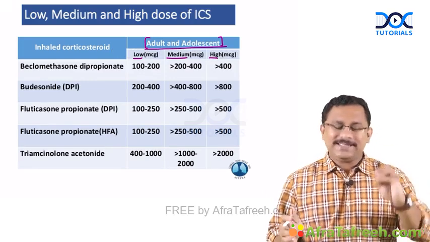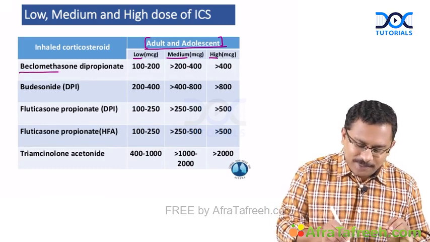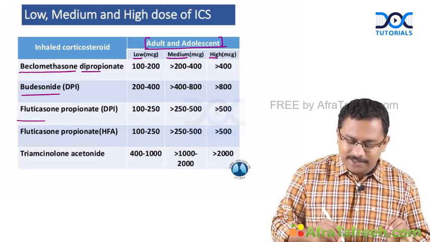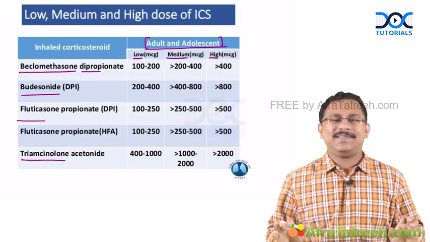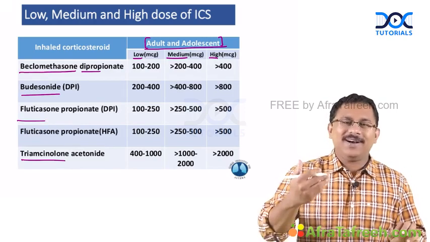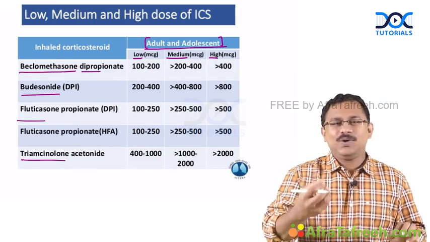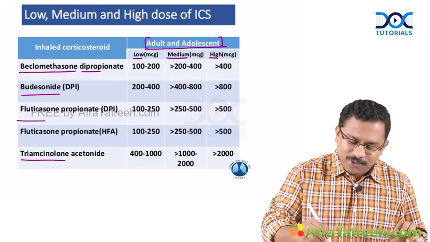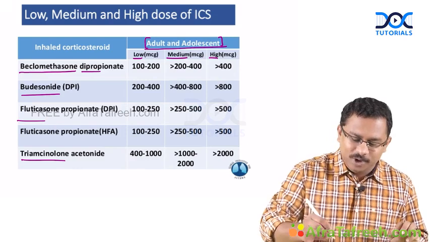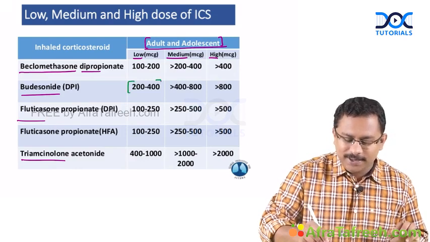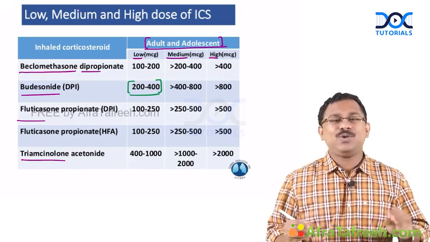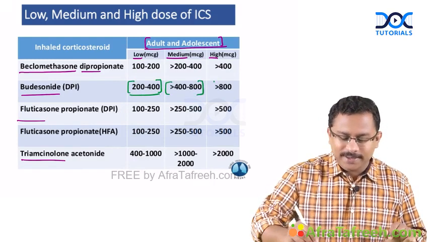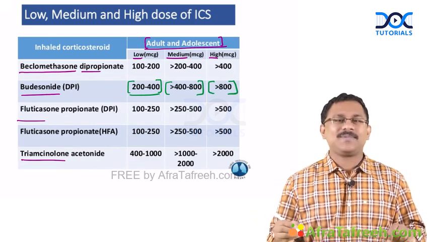Now, coming to various agents, you have beclomethasone dipropionate, budesonide, fluticasone, triamcinolone, different options. And you have different strengths, the low dose, medium dose and high dose. If you take budesonide, again a commonly used one, low dose is 200 to 400 microgram, medium dose is 400 to 800 and high dose is more than 800.